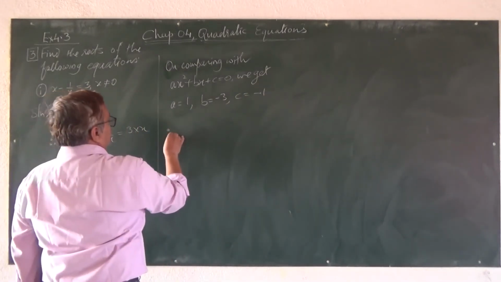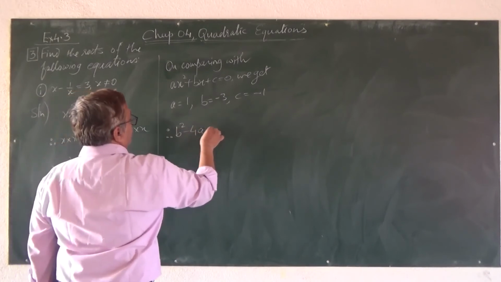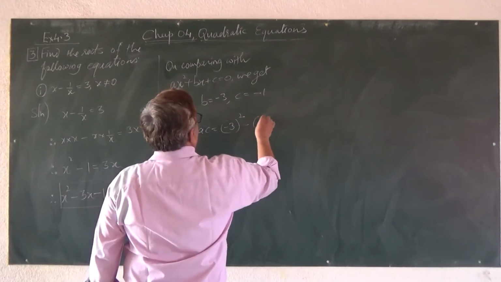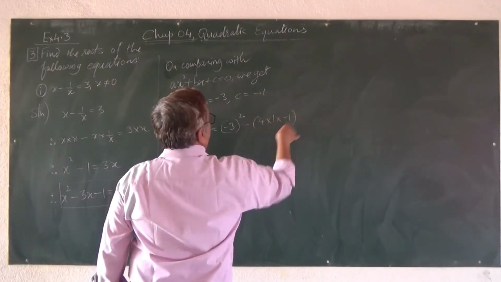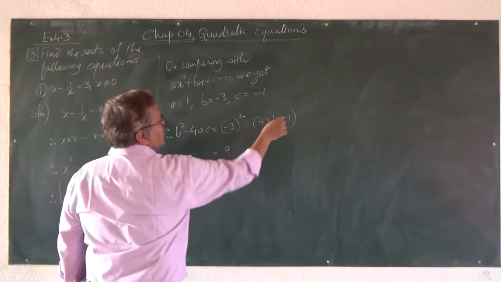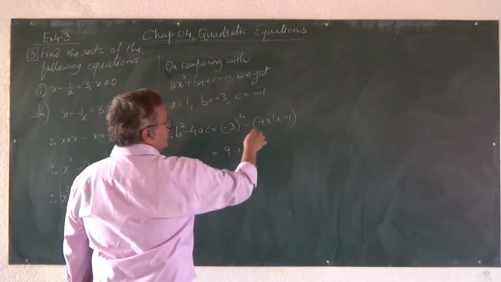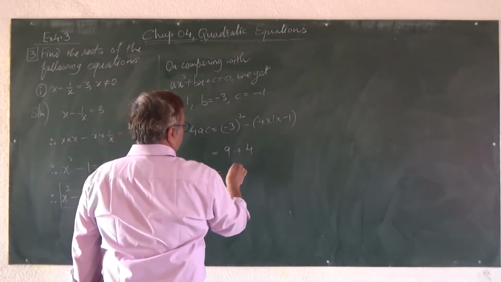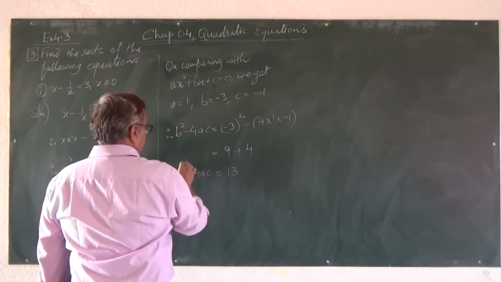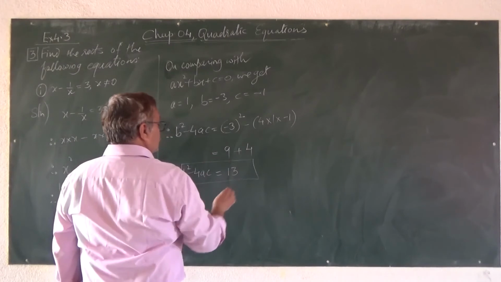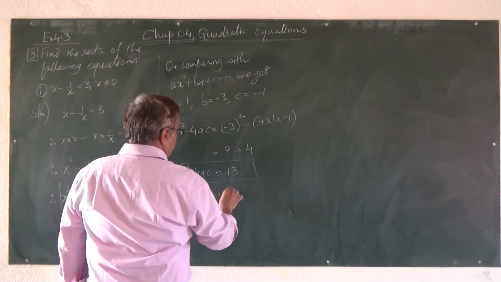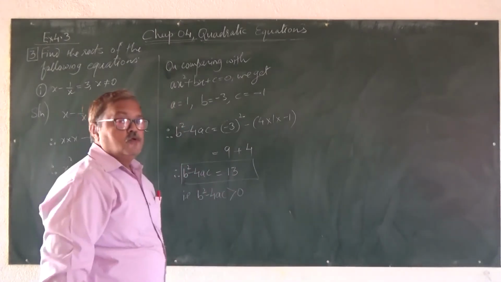Therefore b square minus 4ac is minus 3 square minus 4 into 1 into minus 1. Minus 3 square is 9, minus into minus is plus, so 9 plus 4 is 13. So b square minus 4ac is equal to 13, that is, b square minus 4ac is greater than 0. So here roots are possible.